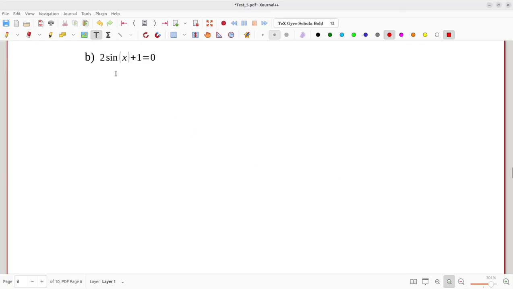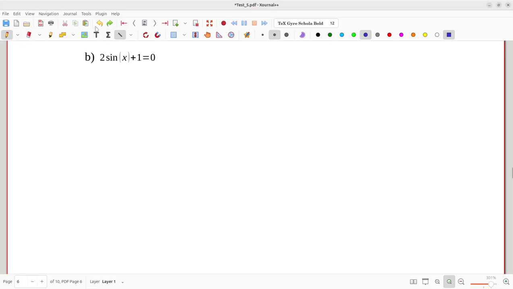Next question. For this question, it's kind of tricky. Why do I say this one is kind of tricky? You first need to isolate the trigonometric ratio, sine x. This one must be the subject. So how do we get that to be the subject?